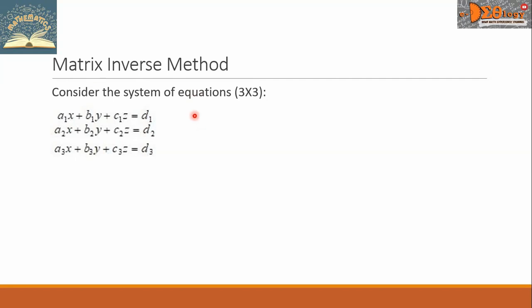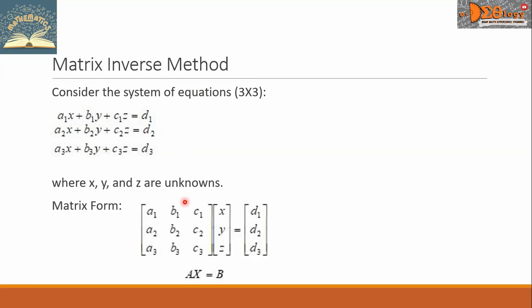Consider the system of equations which is 3 by 3. This is the form where x, y, and z are unknowns. The matrix form is here. The matrix A is a 3 by 3 matrix that corresponds to the coefficients of the variables or the unknowns.